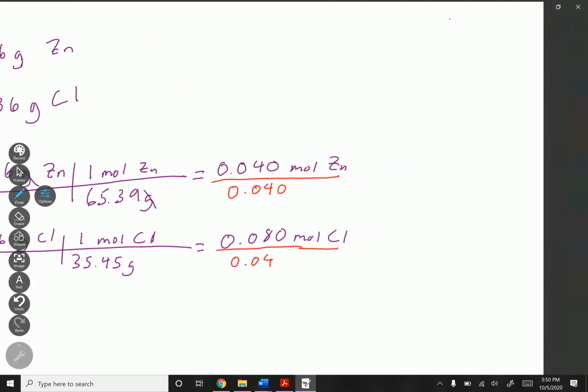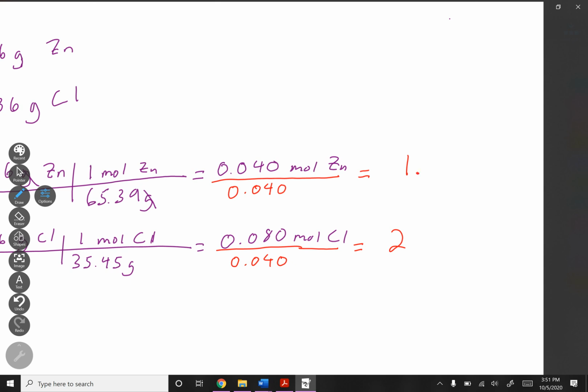Let's find the solution to both of these. The first one is just 1. The bottom one, 0.080 divided by 0.040, is 2. If these numbers are not whole numbers, you may need to do some rounding.